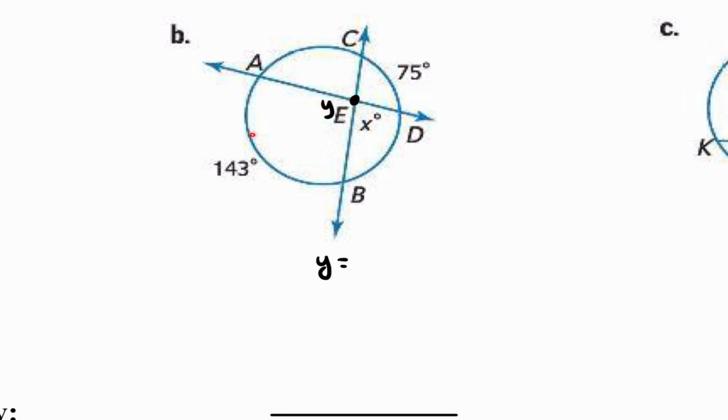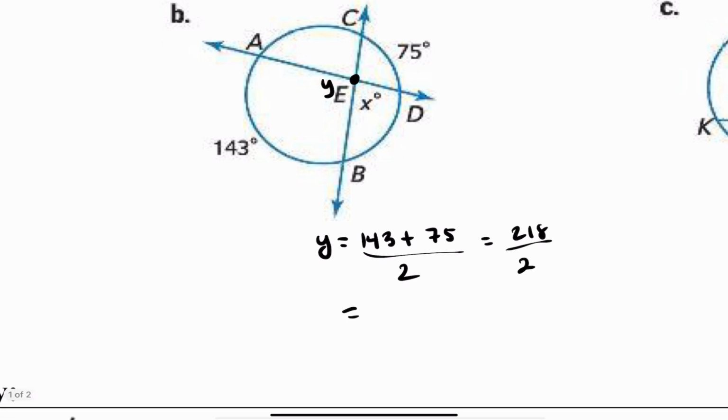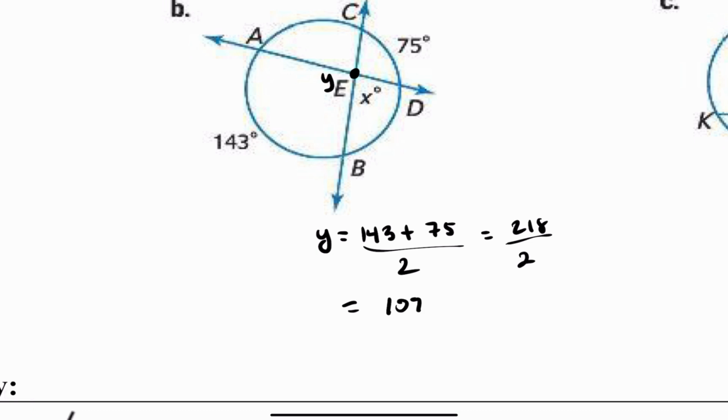So we're going to look at the left and the right arcs, add them up, and divide by 2. So y is equal to 143 plus 75 all over 2, and you're going to get 218 over 2, which simplifies to 109.